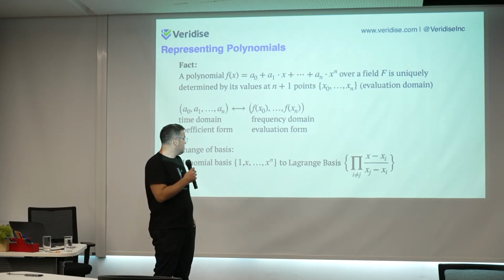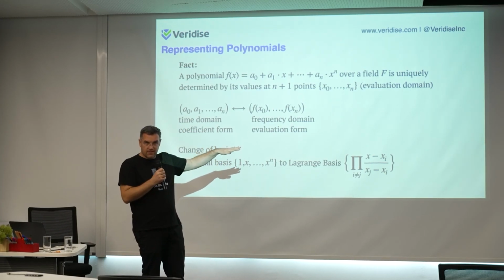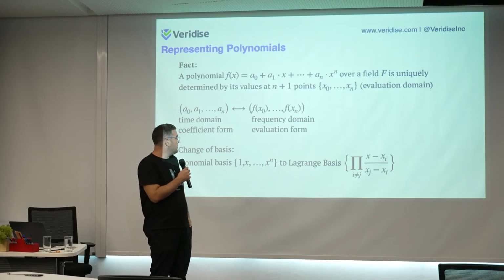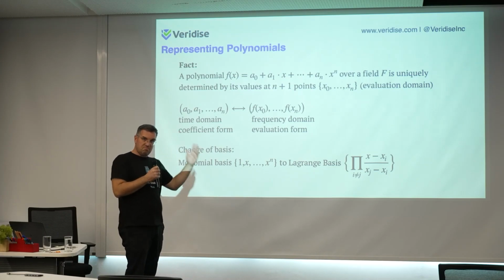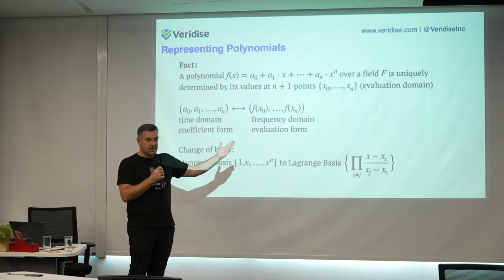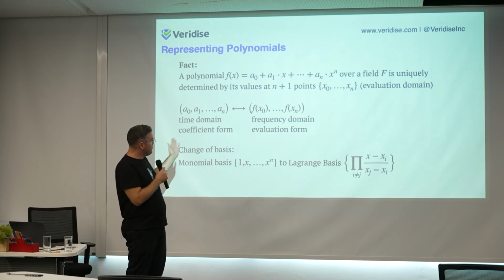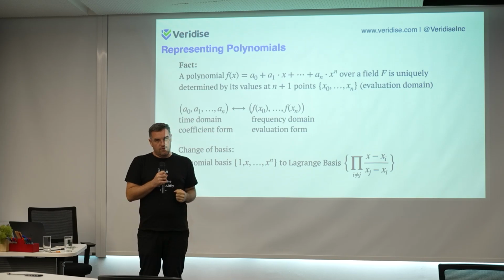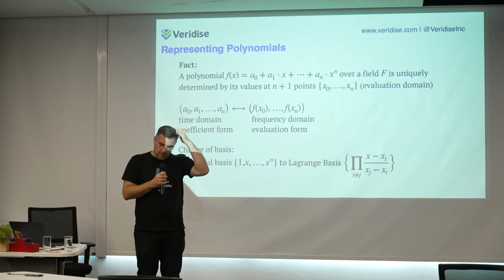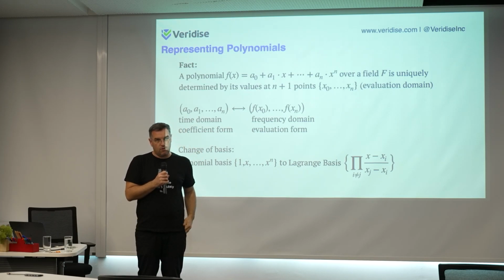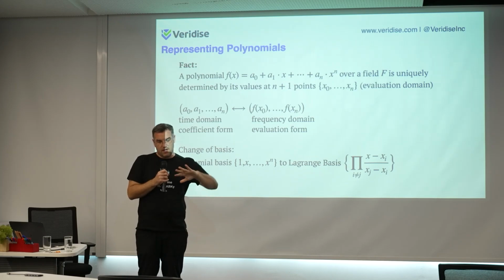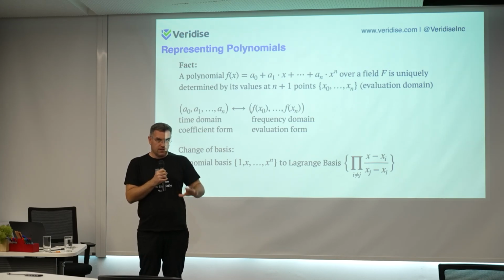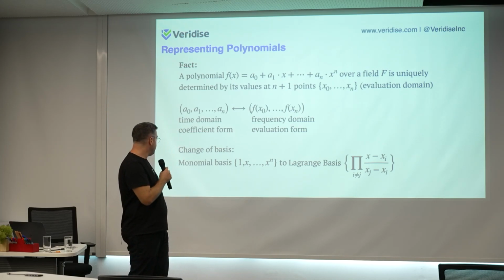This is called the evaluation form, because you're evaluating at those points. Now we have two different representations, and going back from one to the other is something which in linear algebra, if you remember it from college years, you would have called a change of basis. It corresponds to multiplication by a change of basis matrix.